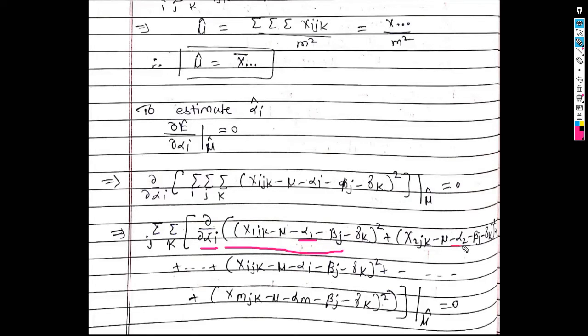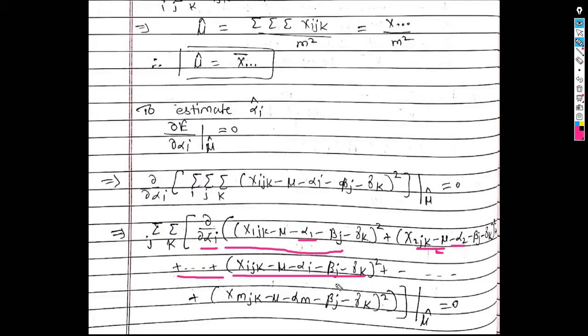Similarly here also we have alpha 2. So after differentiating this term with respect to alpha i, we get 0. So this second term is also 0, plus and so on. Now here we take the derivative with respect to alpha i.